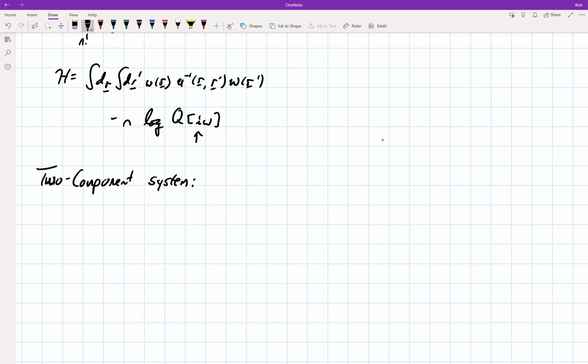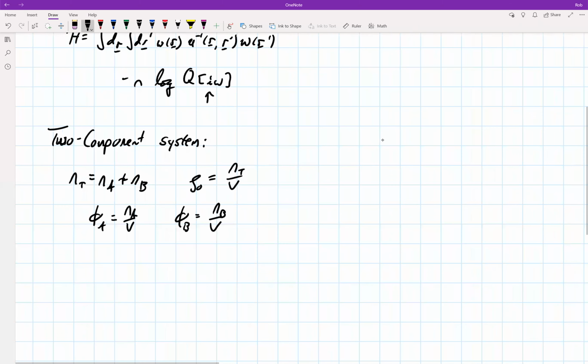We say we have a total number of molecules N_T, the number of A plus the number of B, and we define our average density as N_T over V. We'll also have volume fractions: phi_A is N_A over V, and phi_B is N_B over V. Really, this should be N_A times the partial molar volume of A divided by the total volume, but I'm just going to ignore the partial molar volumes and assume they're equal.